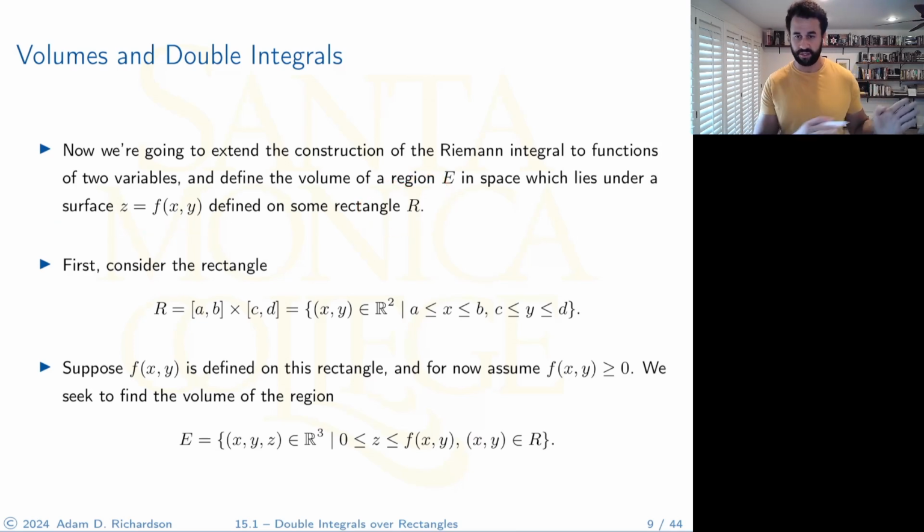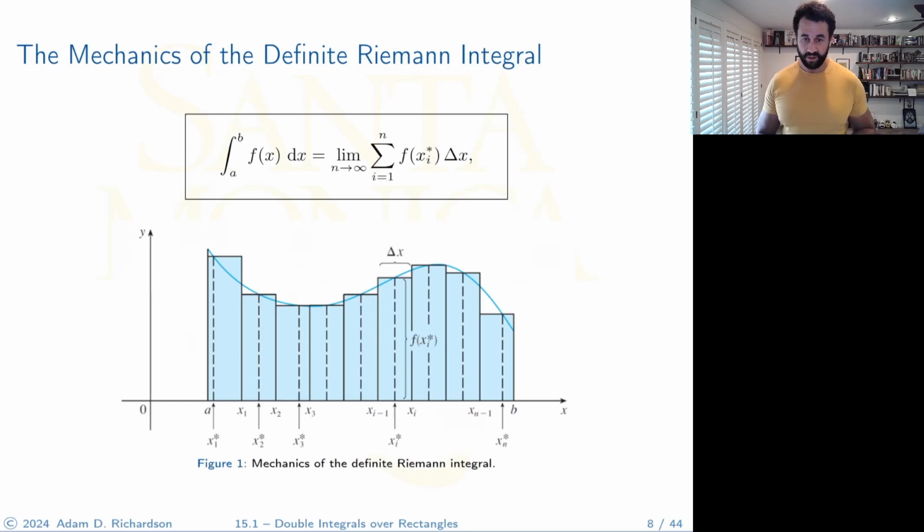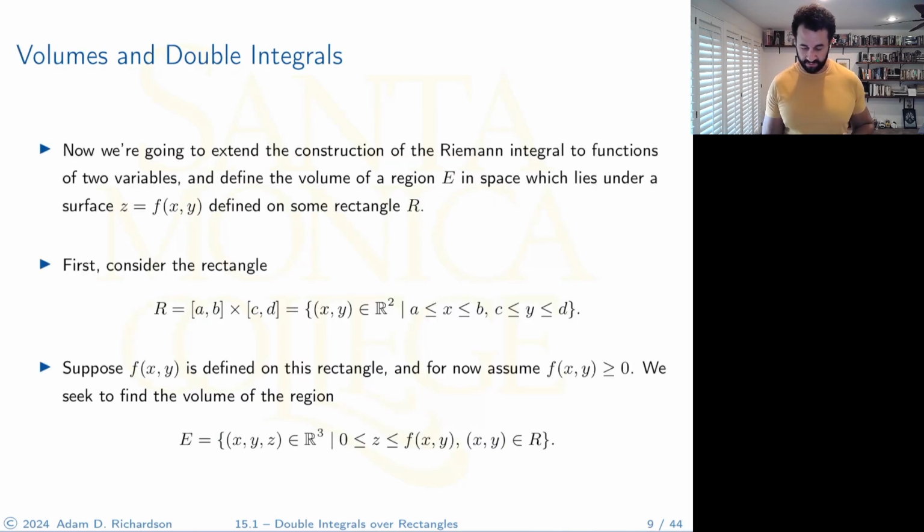So think back to Calc 1. What we did was find the area of a region under a curve over an interval. Now we're going to find the volume of a region E under a surface on some two-dimensional rectangle.